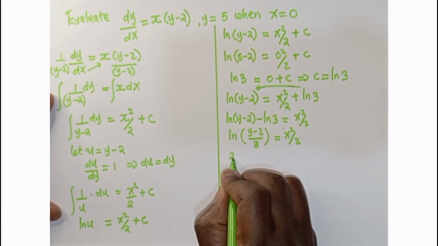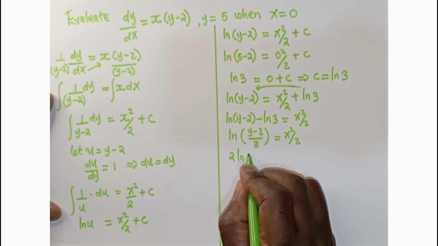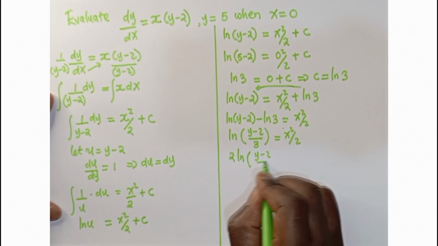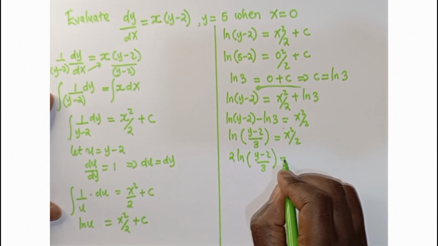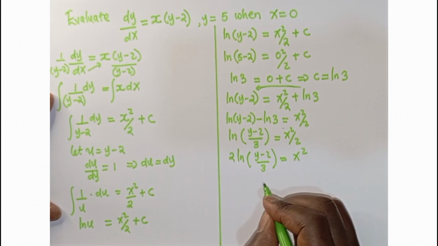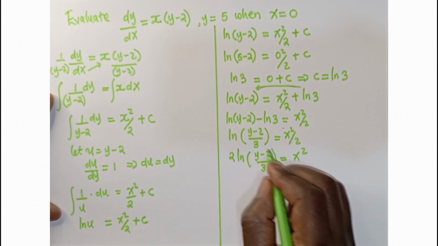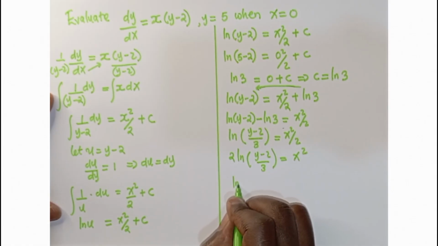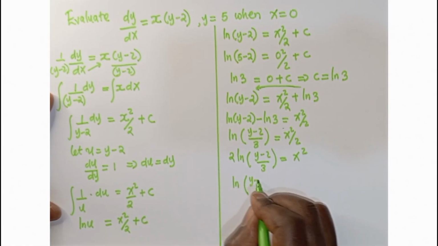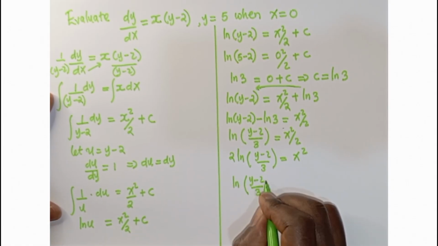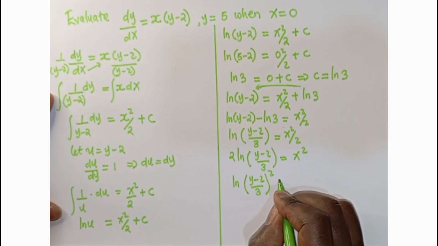So we can have 2 ln of y minus 2 out of 3 equal to x square. So we have multiplied the 2 this side. When this 2 goes up, we shall have ln of y minus 2 out of 3, squared, is equal to x square.